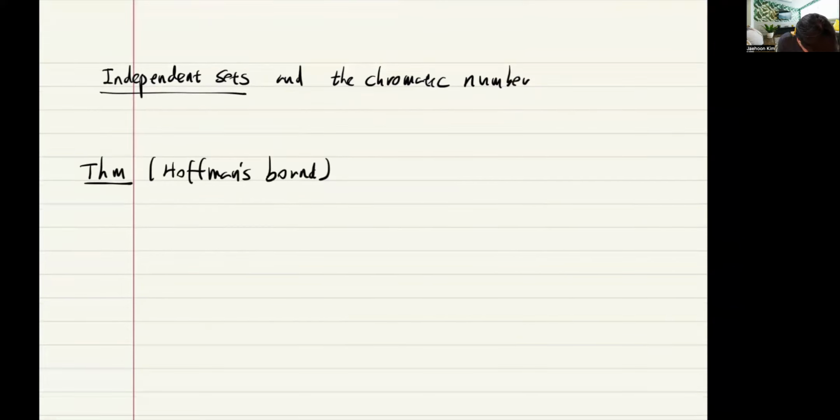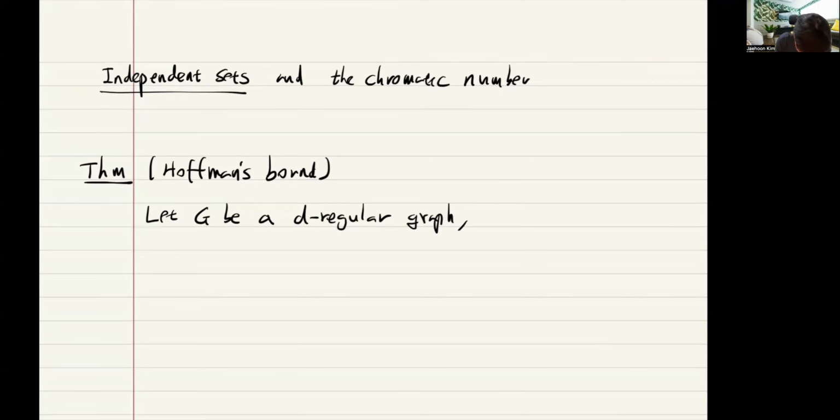It's regarding the independent set in a regular graph. So let G be a d-regular graph. And the independence number is related to the smallest eigenvalue.